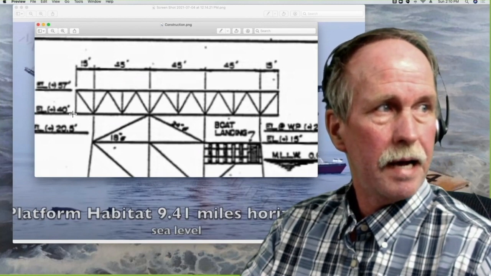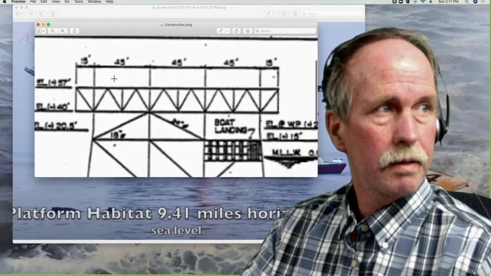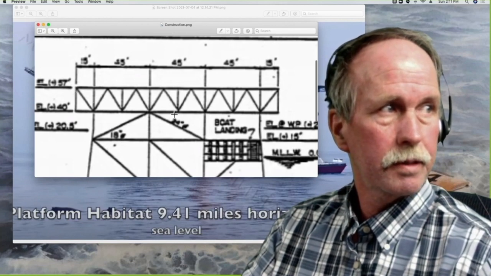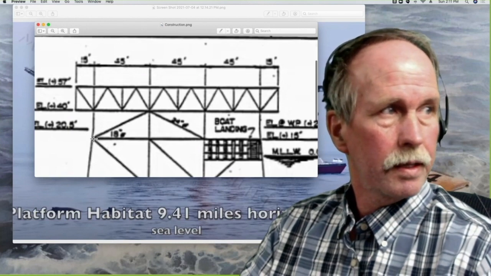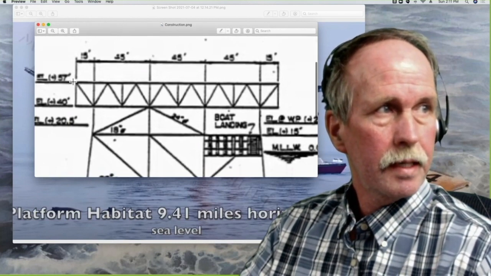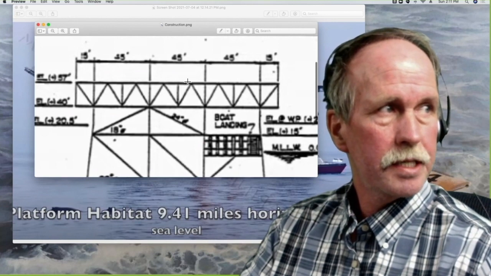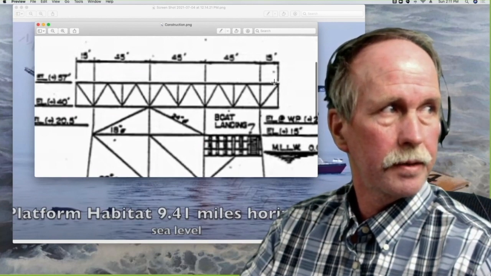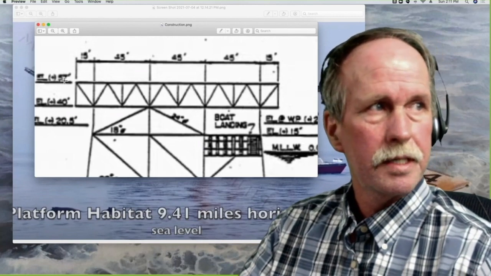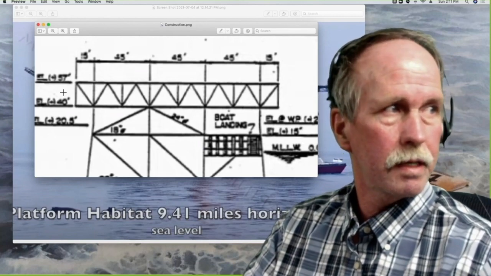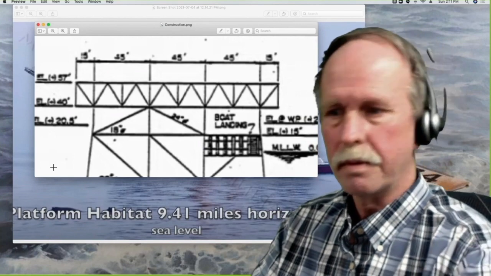Here is the bottom of the tight cross-membered girders, and that's at 40 feet. Now the bottom of the working platform itself, which is the top level, not including the helipad, of course, is at 57 feet. Are you comfortable with these numbers?